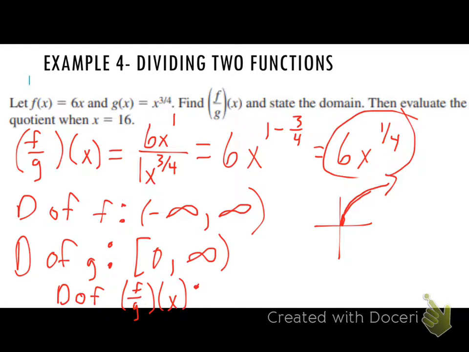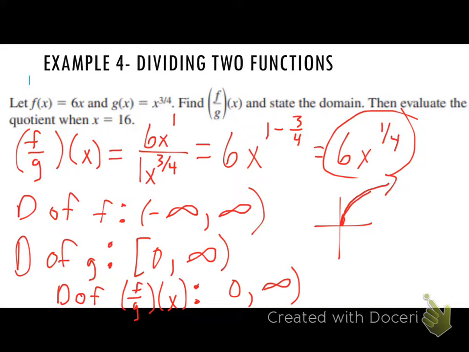So what would be the overlap there? 0 to infinity. Would 0 get a parenthesis or a bracket? Bracket, are we sure about that?